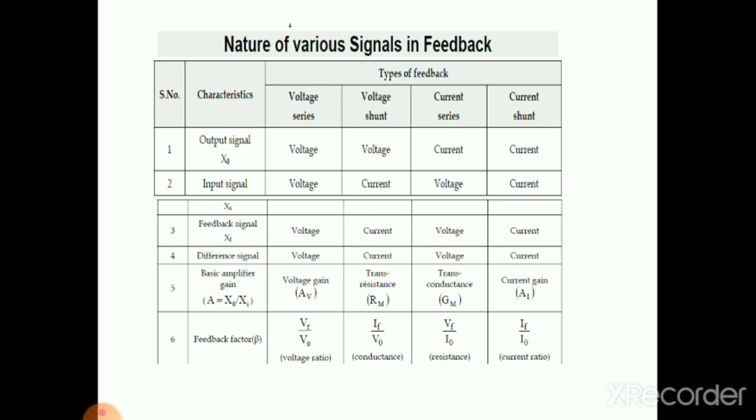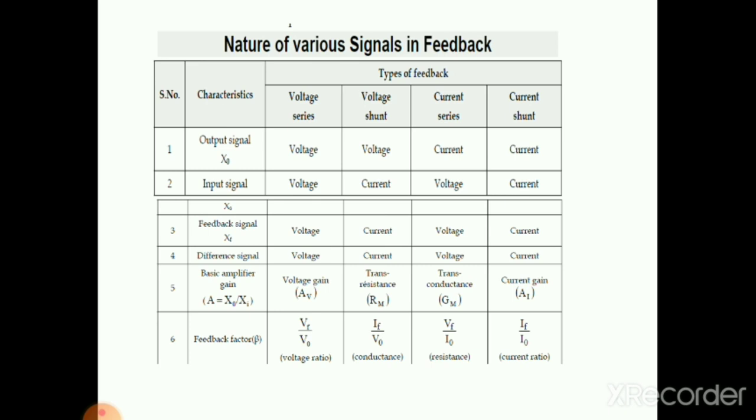It depends on series or shunt: we get the feedback signal Xf the same as the input signal. So series means voltage, here also voltage. Shunt means current, here also current. The feedback signal Xf we are supplying to the input. The input signal and the feedback signal are both the same type.